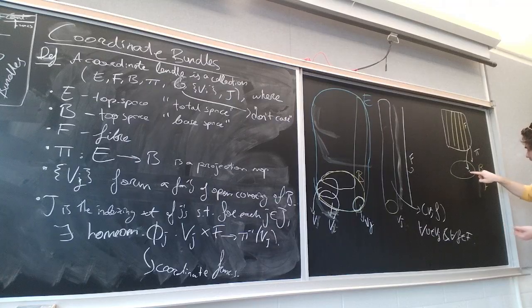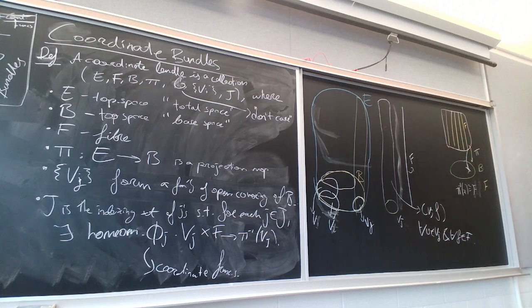Say this is some point X, do you agree? Then the pre-image under the projection has to be homeomorphic, has to look like the fiber. So what I'm trying to do is take my topological space B and glue a fiber at every single point.